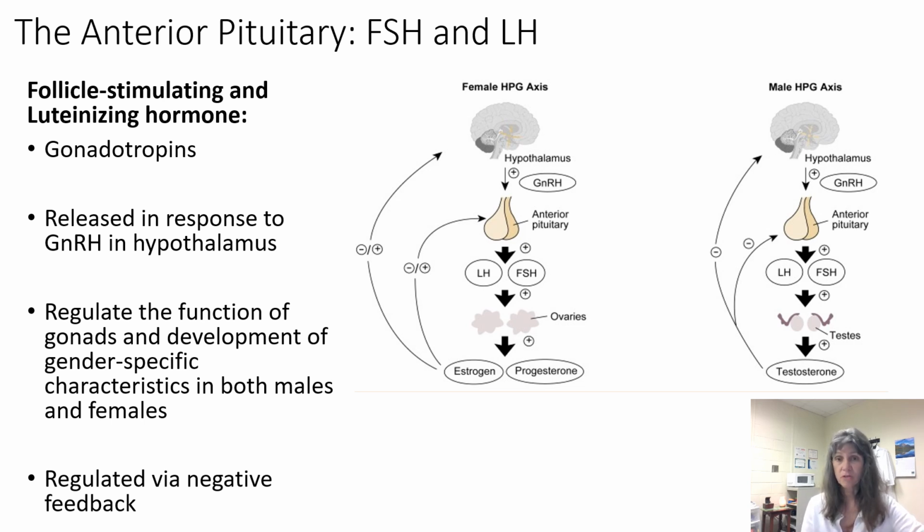And these hormones, once they are produced and released by the gonads, are going to circulate through the bloodstream and help to turn off the hypothalamus and the anterior pituitary by way of negative feedback mechanisms.